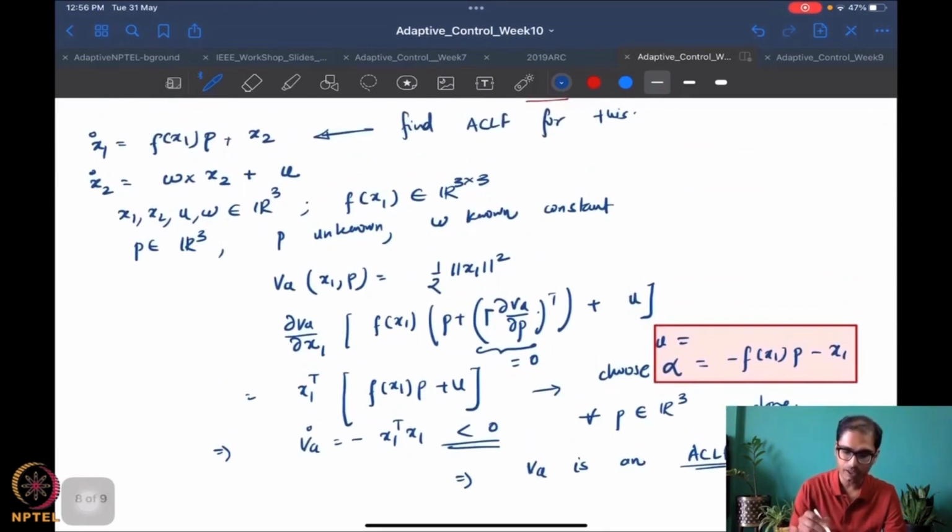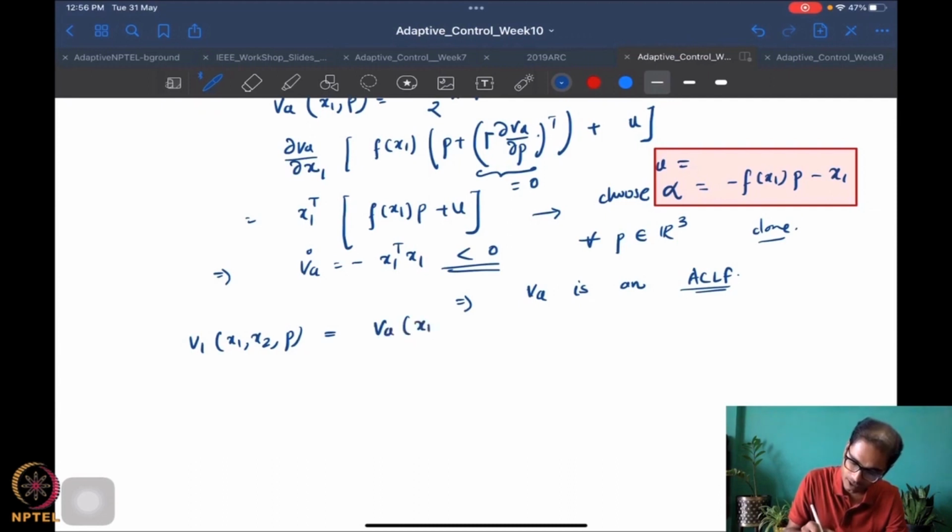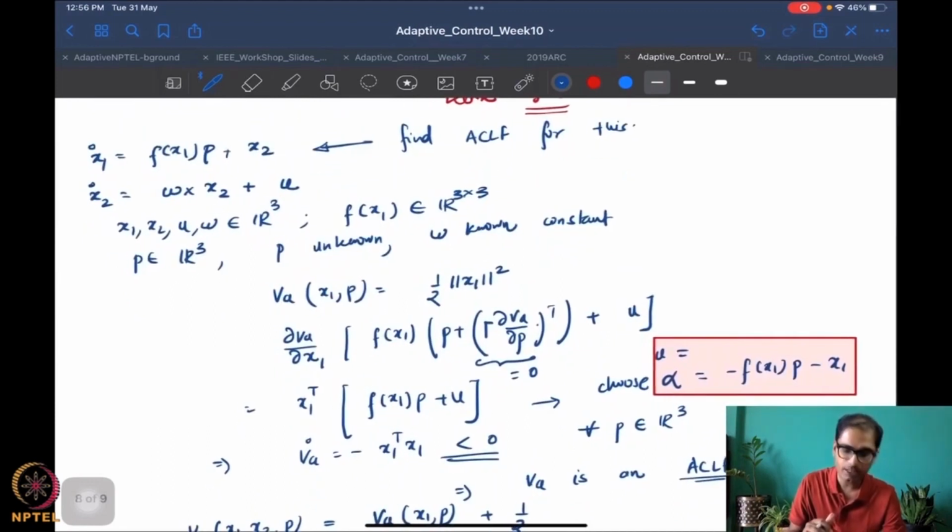Remember, I replace the first state with the control here, because that's how you would find an ACLF for the first system. Now the question is, how do I find the ACLF for the second system? You know the method. Now V1 of x1, x2, p is simply V_A of x1, p plus the backstepping error term. In this case I cannot just do a square, so I'll take a norm squared.